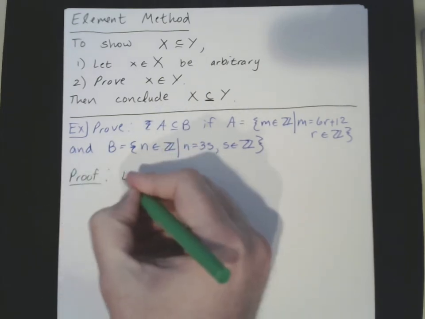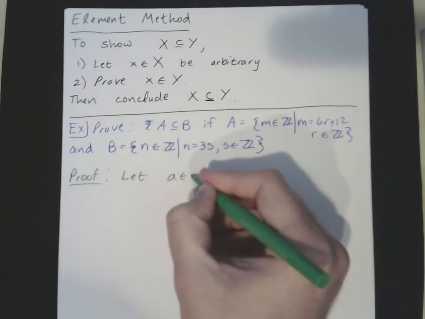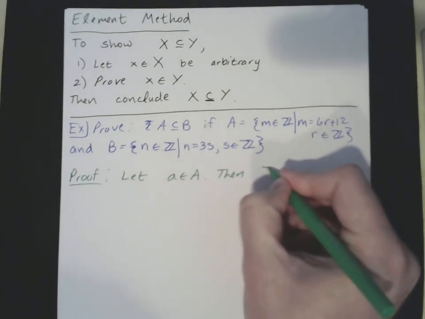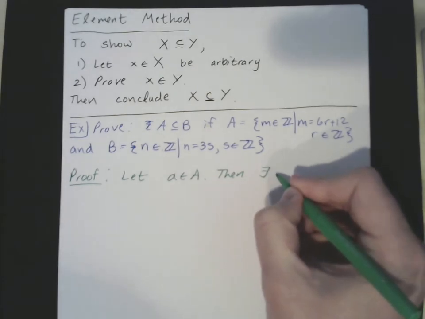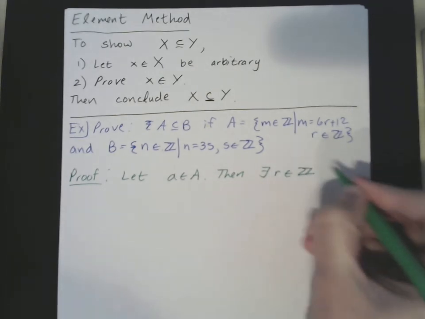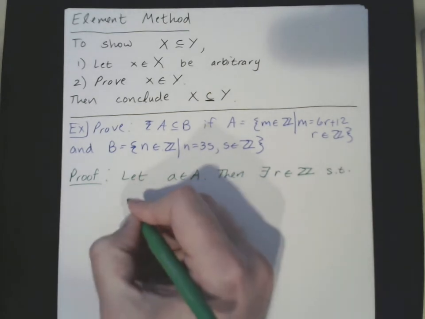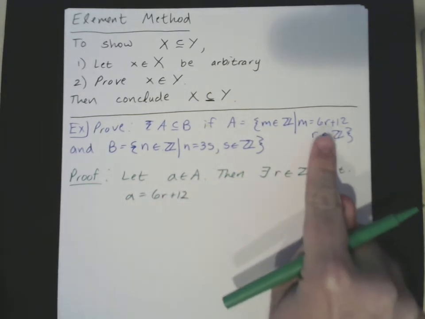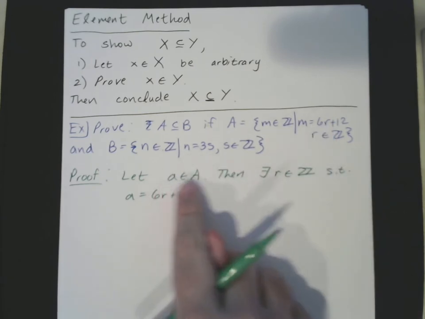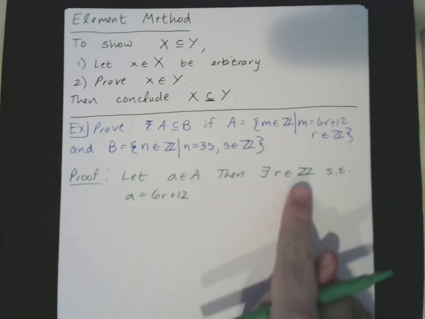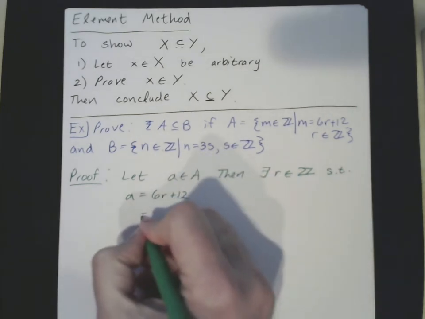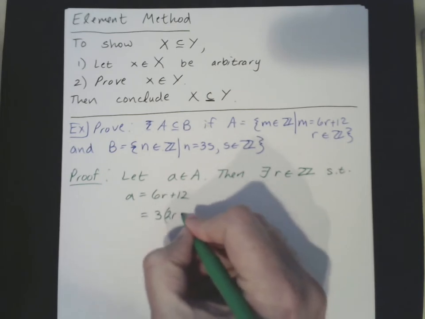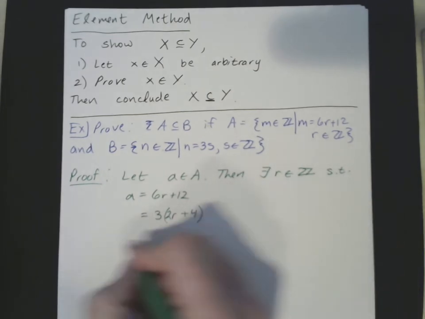So we're going to let little a be an element of A. Then there exists an r that's an integer such that a equals 6r plus 12, right? That's just our definition of being in A. So if little a is in A, it satisfies this. We can find that integer. Well, we can factor a 3 out of this to get 3 times 2r plus 4.